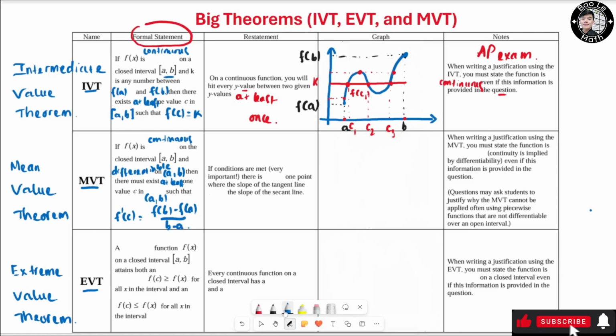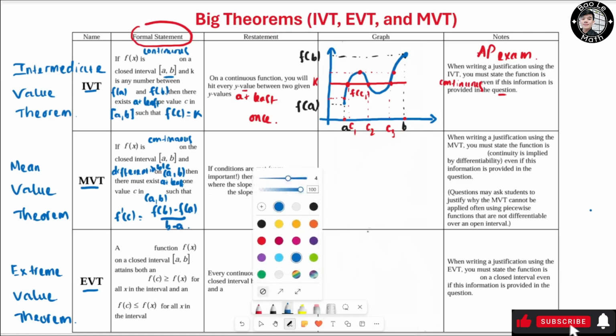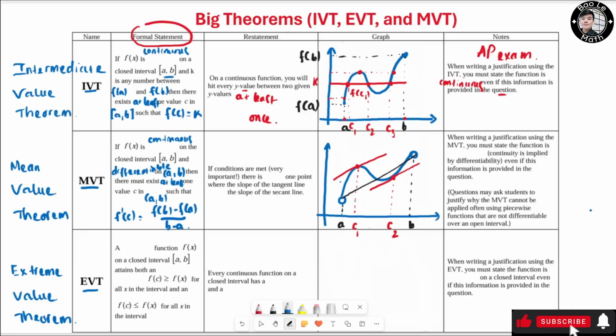Now let's get the figure as follows. Look at the figure right here. You see that the function is continuous on the closed interval [a, b] and differentiable on the open interval (a, b). There must be at least one value of c. In this situation, we have two values of c, c1 and c2, such that f prime of c equals f of b minus f of a over b minus a.